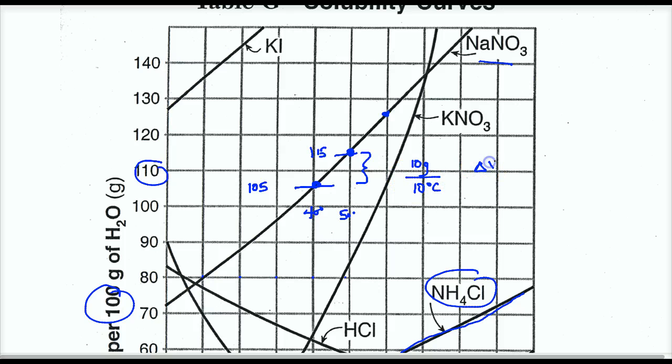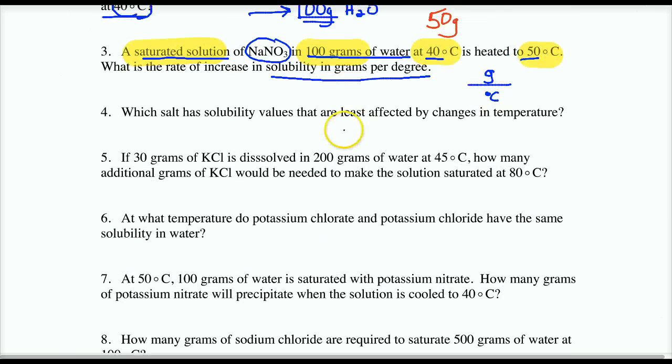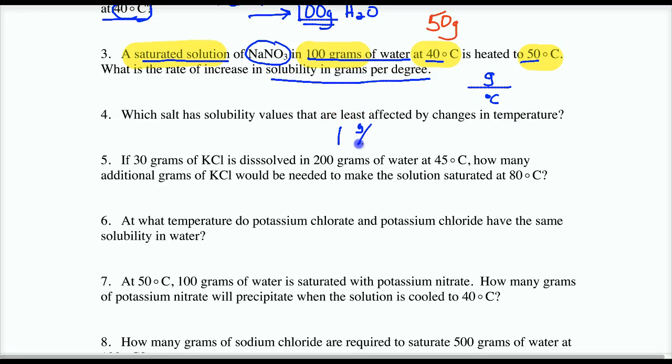Change of y over change of x. Essentially, I'm asking for a slope, right? So the change in my x is 10, and my change in my y, 105 to 115, is 10. So 10 over 10 is equal to 1 gram per degree Celsius. That's how that question is done. No problem there.